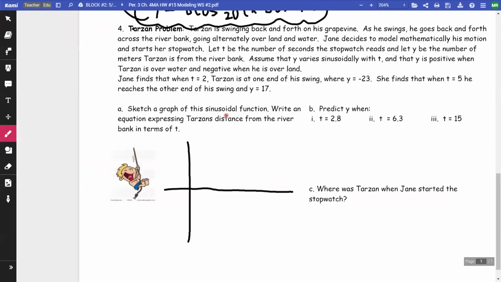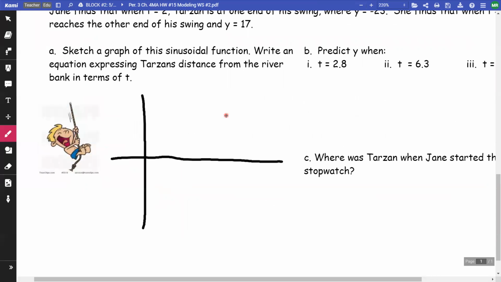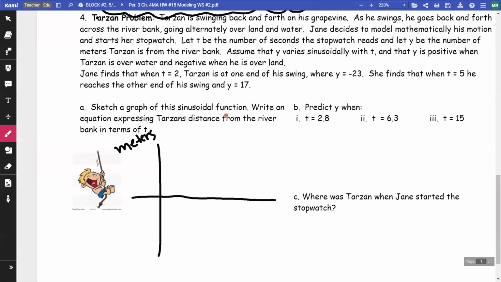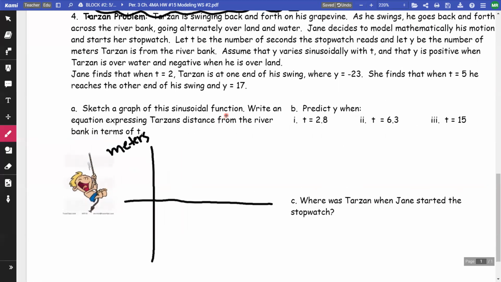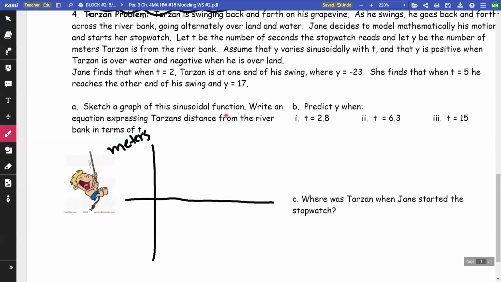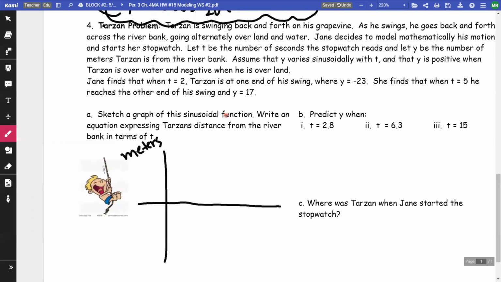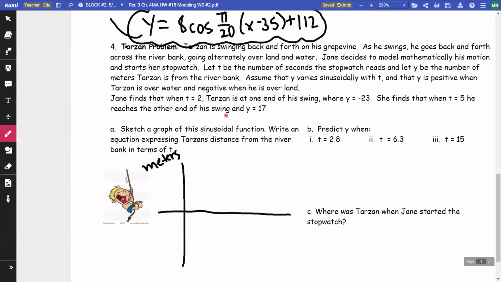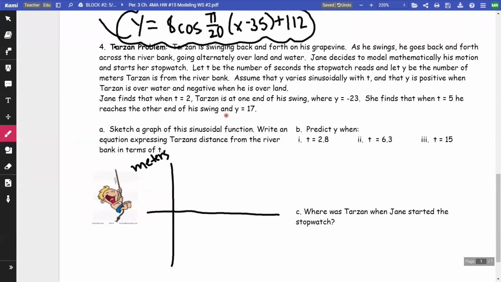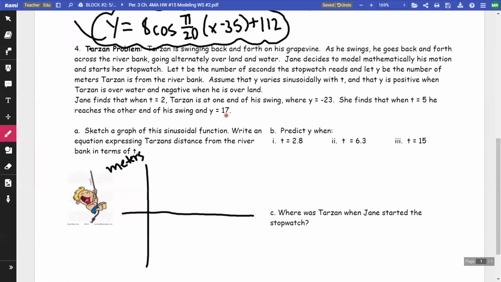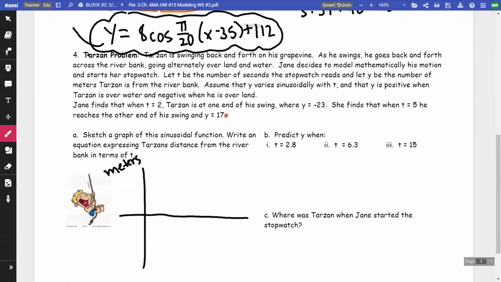Y is the number of meters. Sorry, I was trying to figure out what units. So this is meters, and T is time. And did they say what time that is? Seconds. T is seconds.